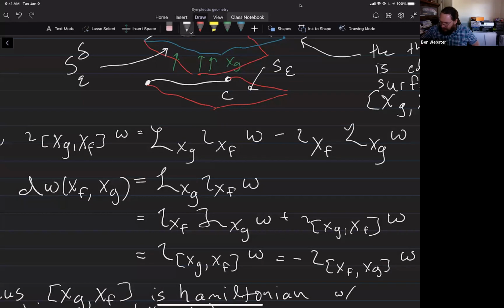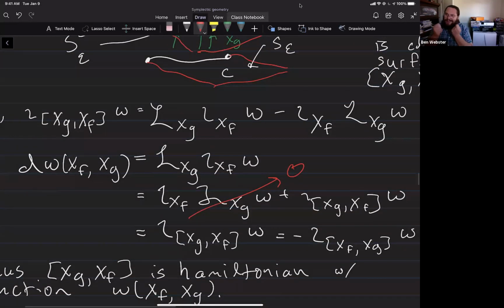Well, this term here involves taking the Lie derivative of the symplectic form with respect to a Hamiltonian vector field, and that's 0. So that term goes away, and I just have the contraction of the symplectic form against this Lie bracket. And you'll note here, g and f are showing up in the opposite order they did in the symplectic form.